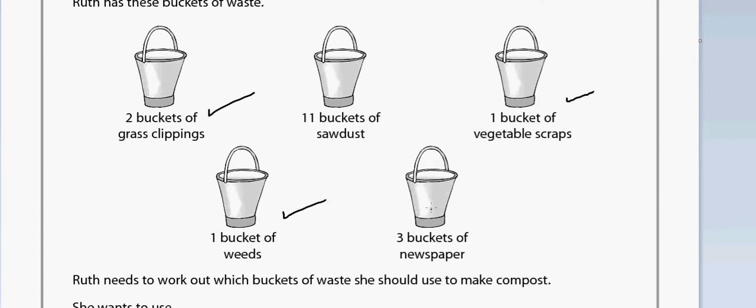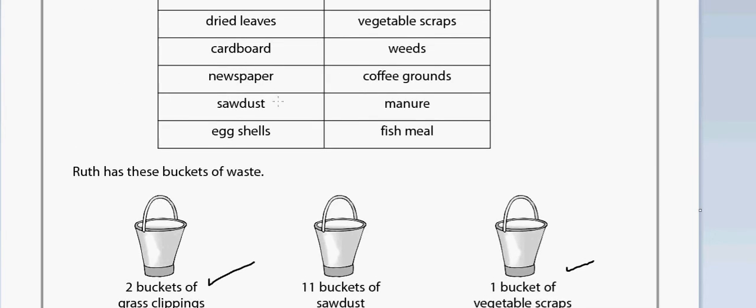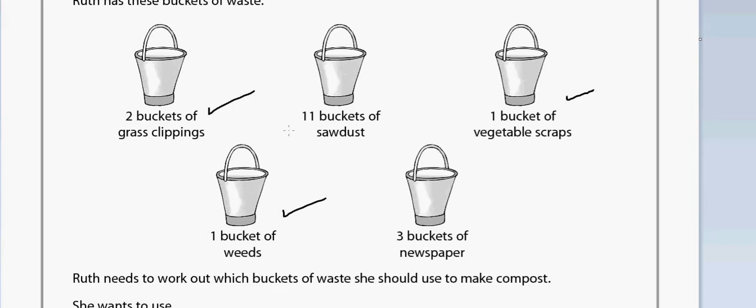So the sawdust and newspaper, we can see here, comes under brown waste. So she needs to use all of this. So she's going to use 2 buckets of grass clippings, 1 bucket of vegetable scraps, and 1 bucket of weeds.